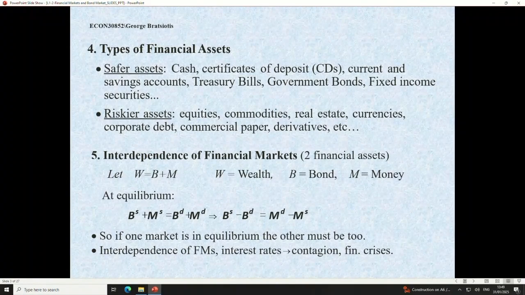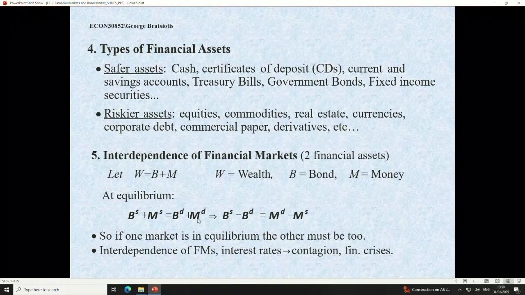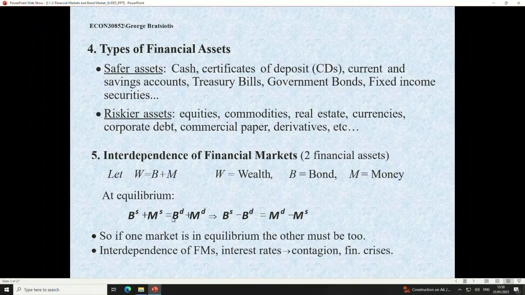That would mean that some of the bonds I issued have not been sold. But that never happens. Their price will go down until you sell them. So that is the case for equilibrium. Therefore, if this is the equilibrium condition, it's equal. I can take bonds on one side, I can take money on the other side, which tells me what?